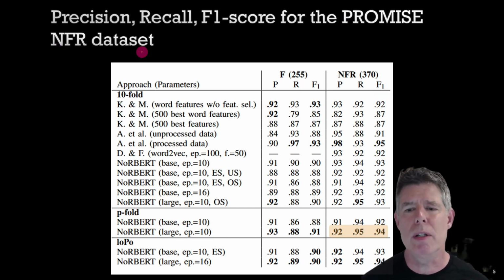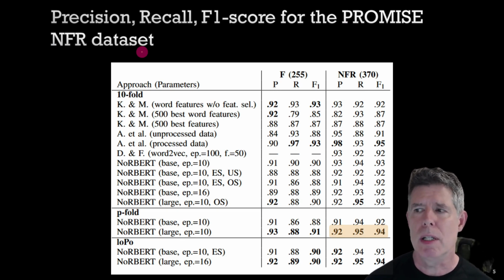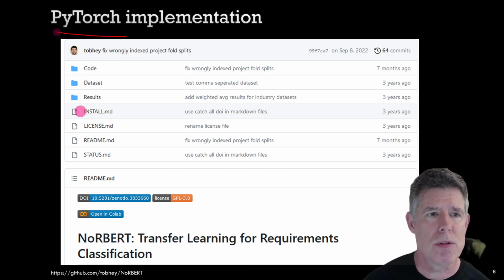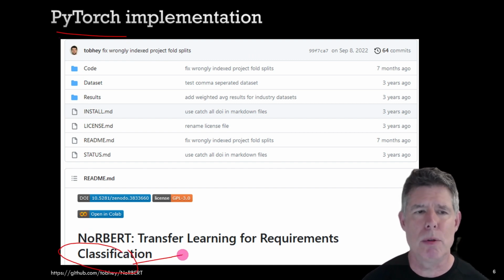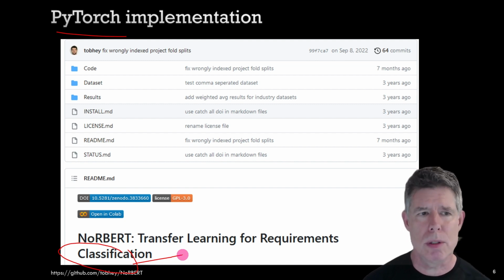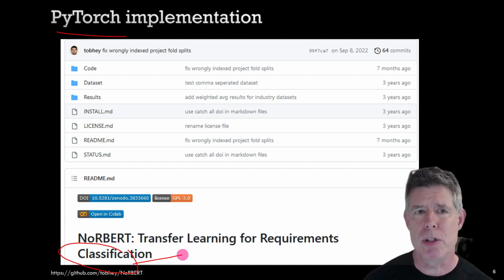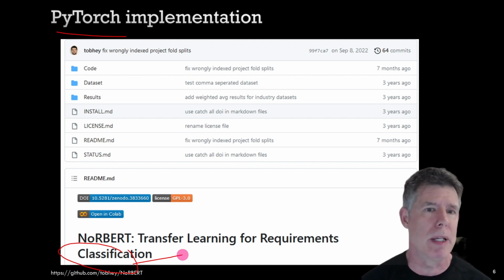So the goal here is to use Keras instead of PyTorch. If you look at the GitHub repository for the code that Hay and his colleagues developed some time ago, they use PyTorch. And if you're new to developing these deep learning models, it can be a little bit intimidating or complicated or time consuming.